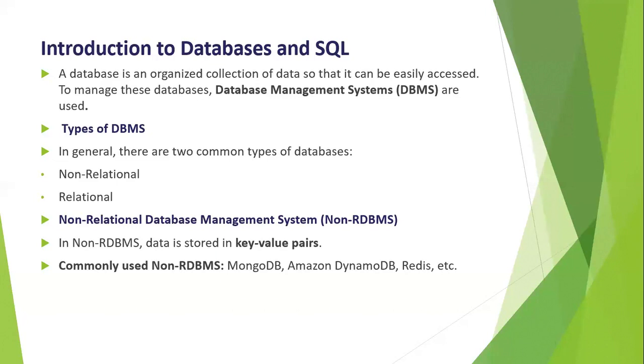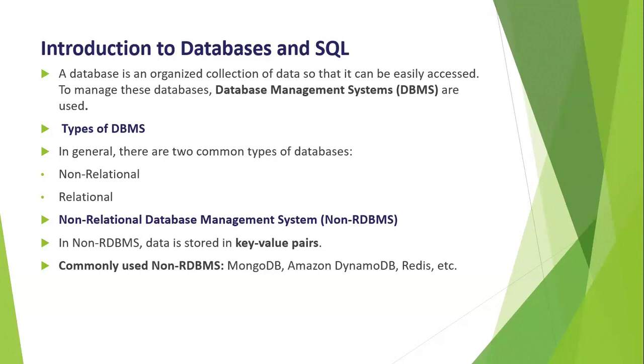Mostly we are working in the relational database management system, but you should know that there are some non-relational ones also. Maybe you may work on other databases like MongoDB. These are specialized technologies where we can have a non-RDBMS.